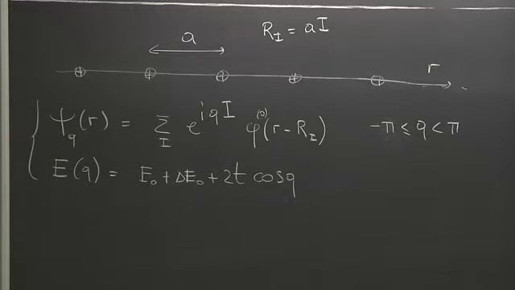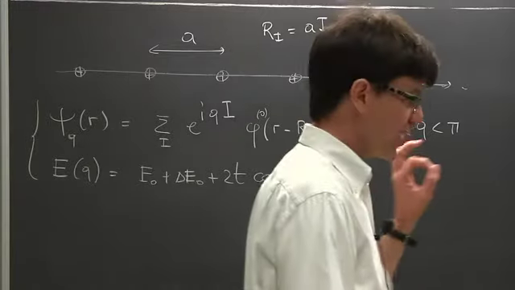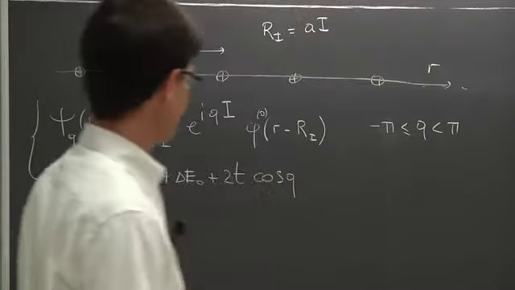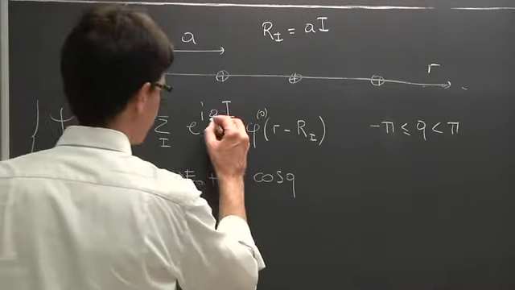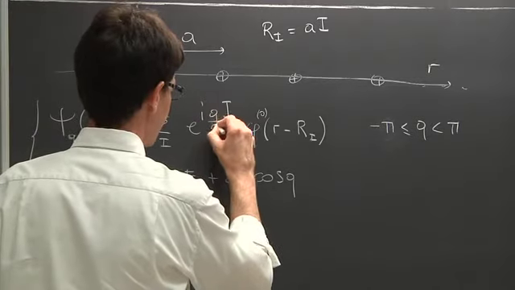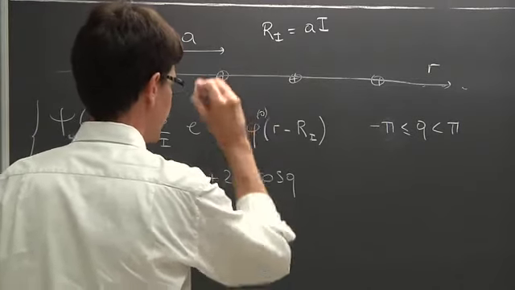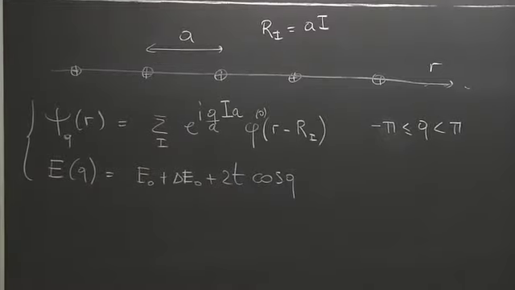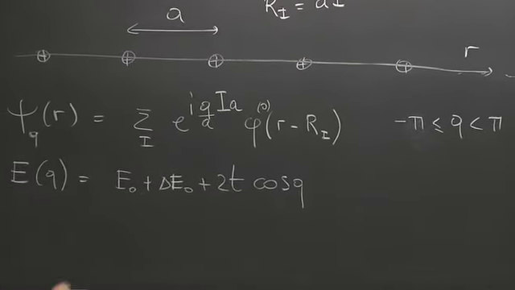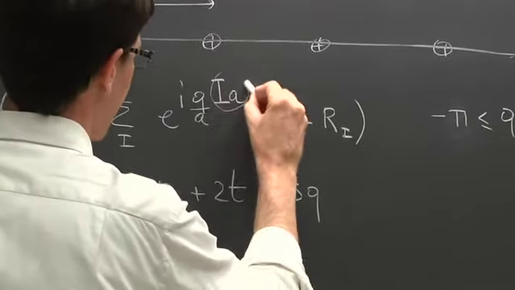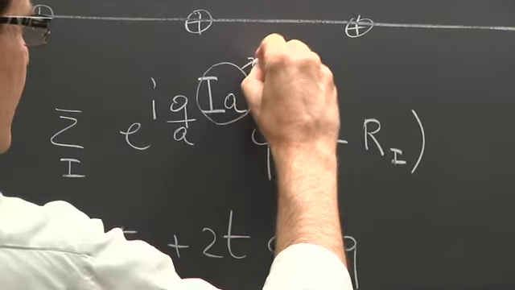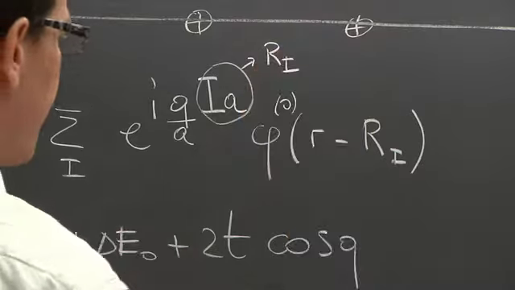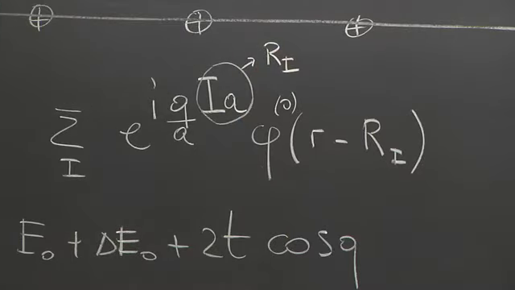Okay, allow me now to make a slight change of variables, a very small one. What I'm going to do is divide this by A and multiply by A. I'm not changing anything, but what I'm extracting out is A times i, which is R_i, by definition.